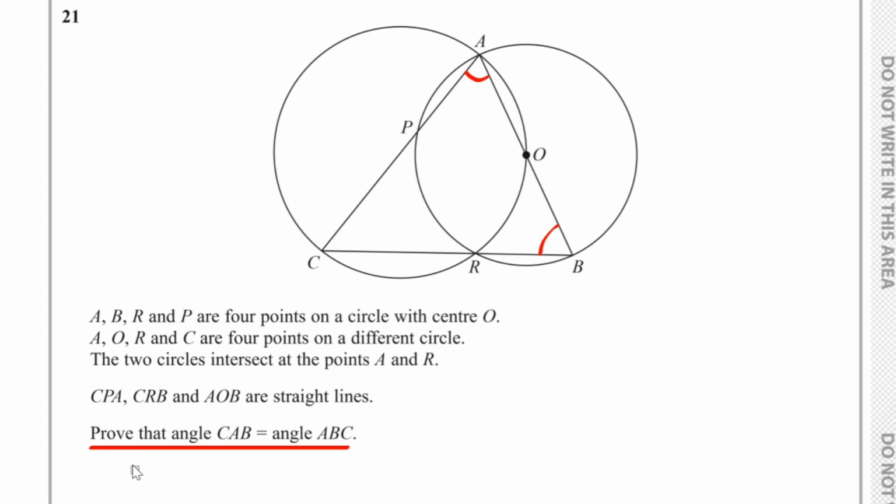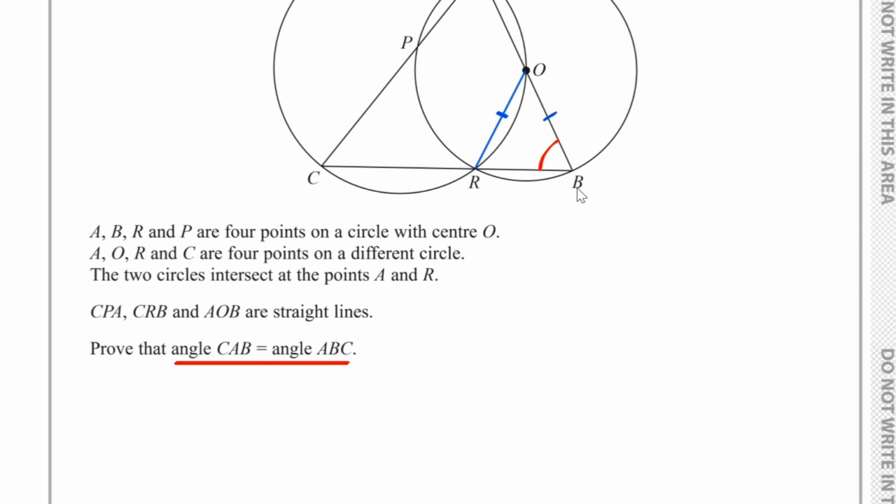So the first thing we can do is join up the points O and R, and from that we can see that OR is equal to OB, and that's because they are both radii.